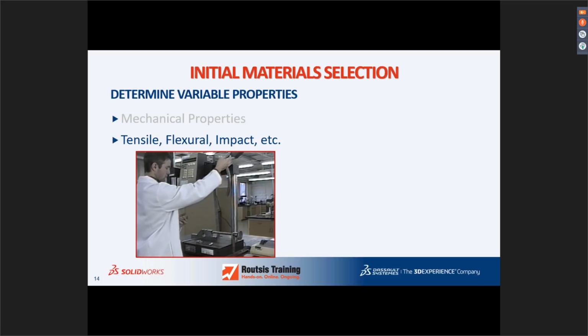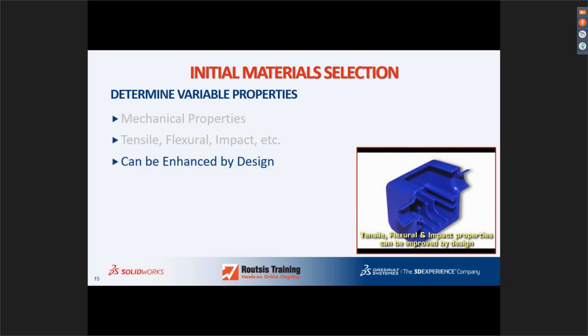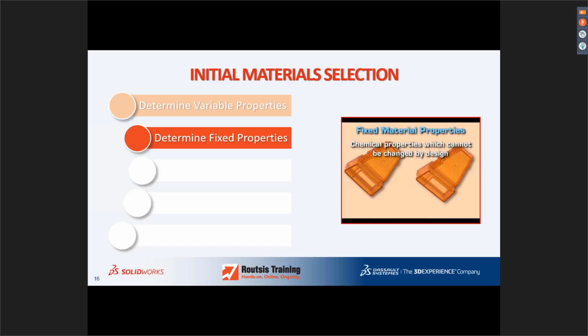There you'll find things like tensile strength, flex modulus, impact, etc. So what you will find is that you can influence the plastic part's performance just by design. So things like adding a rib, or coring out an area, or increasing a boss, or adding a gusset, what have you. You can do all of that.